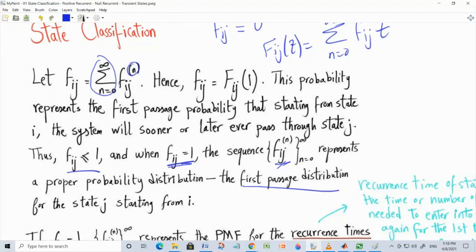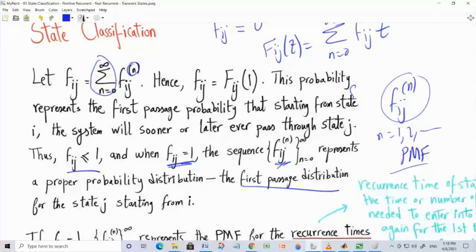So again, Fij of n, for n equal to 1, 2, 3, becomes a proper PMF if the summation of those guys is equal to 1, which means that Fij without any superscript is equal to 1, and Fij of n will basically be the probability that starting from i, you will enter into j for the first time after n steps.